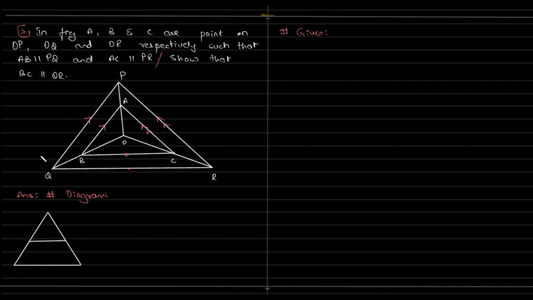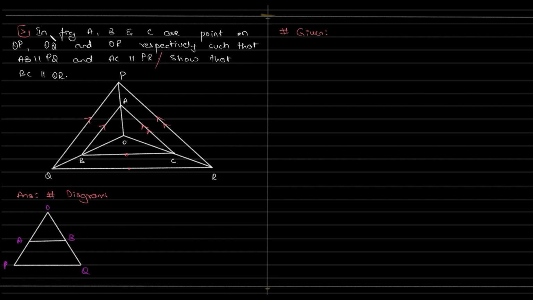That's okay, it's okay to change this orientation. Not a big deal. You can tilt your page and have a look at the diagram in this way and draw it in the same manner. But don't mix OAP, don't mix A and P. OBQ, always verify what you're writing.